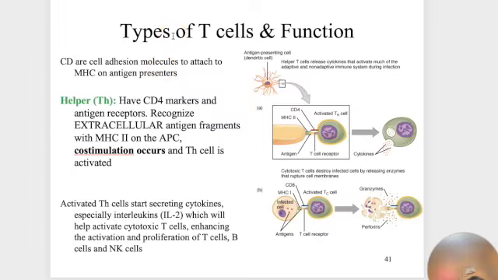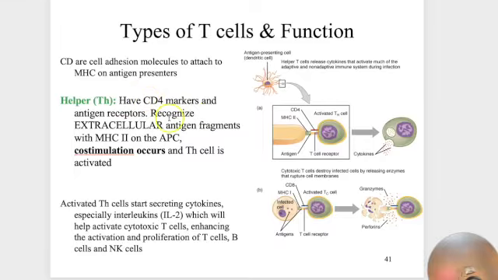Types of T cells. CDs are cell adhesion molecules that attach to MHC on the antigen presenter. The helper T cells have CD4. Again, what is CD4? It uses MHC2.